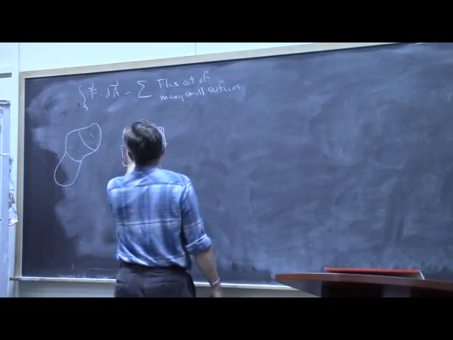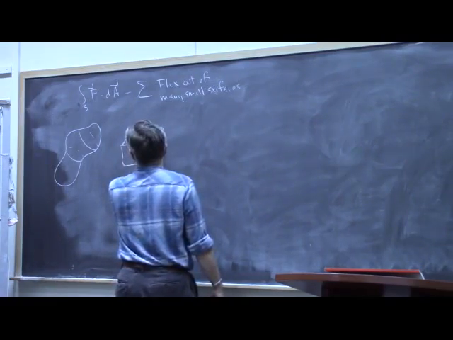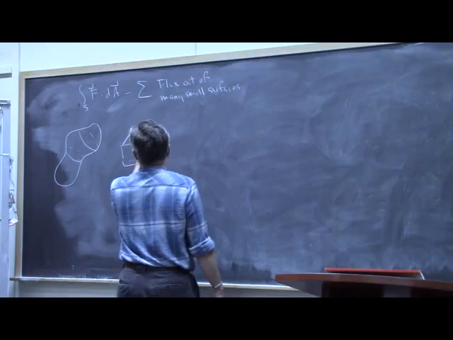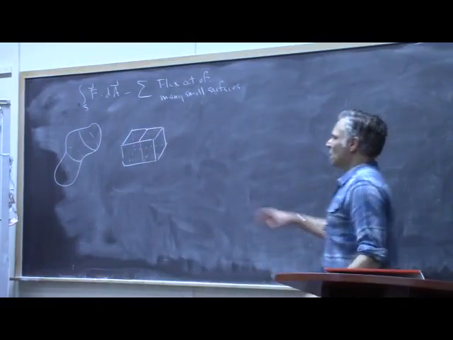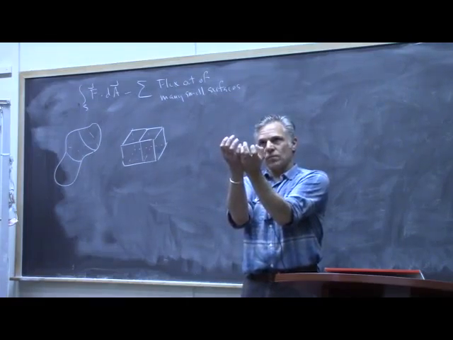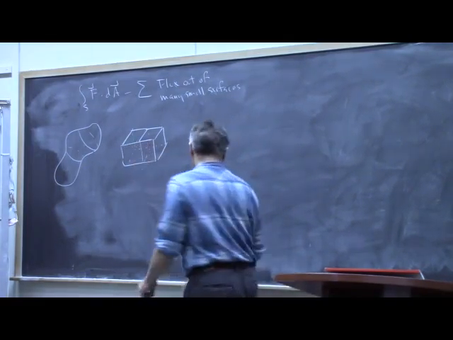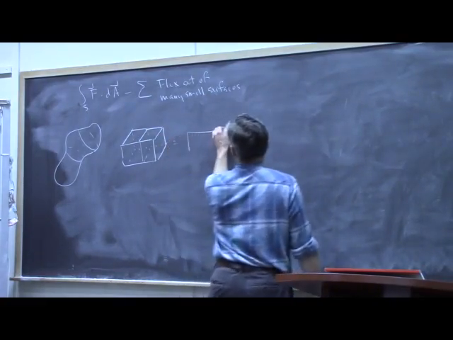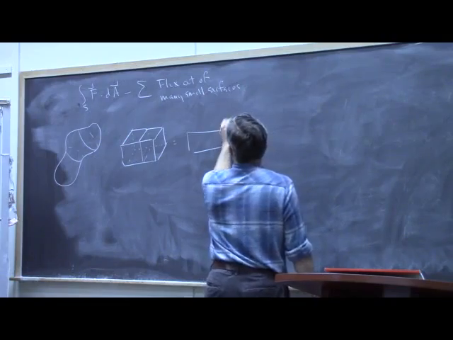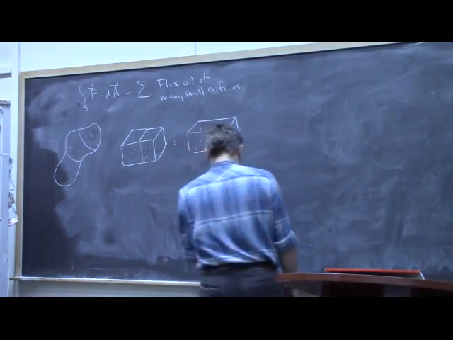We could, it shouldn't be that hard to draw cubes, but apparently I can't talk. OK, there we go. So we could imagine taking two small cubes, and we could calculate the flux out of this one and the flux out of this one. And I claim that that's the same as the flux out of this one.